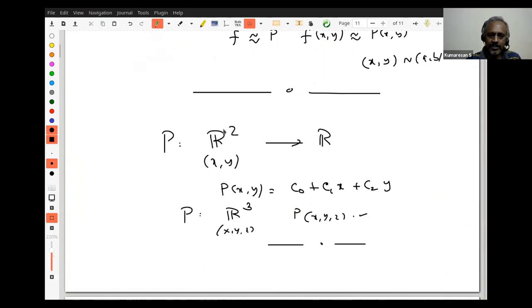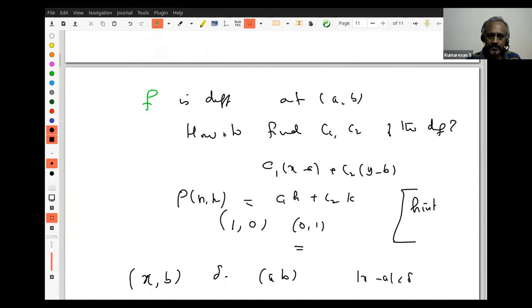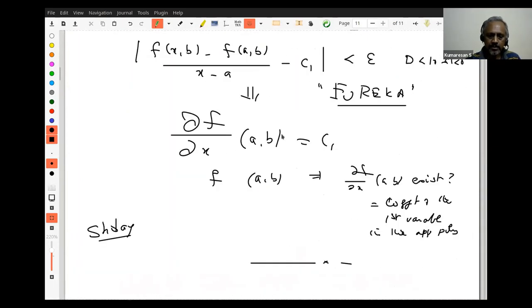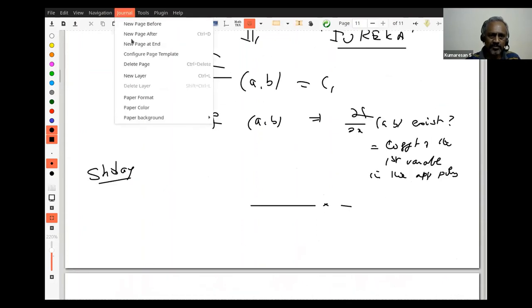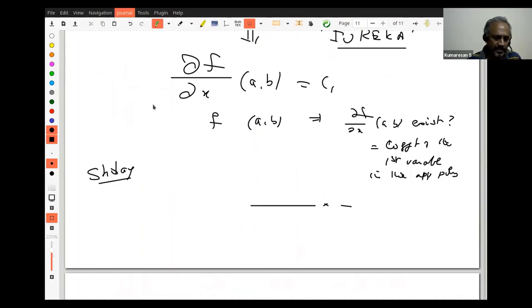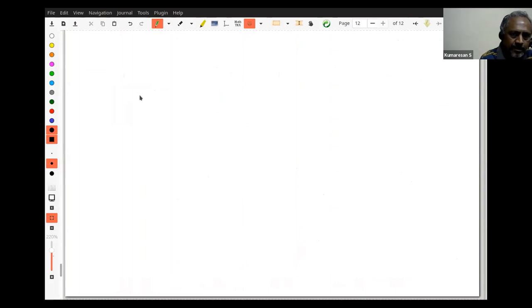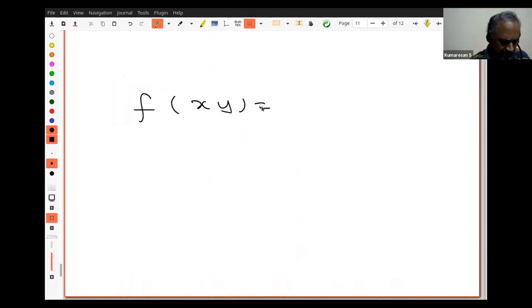Okay. So, do you remember? I said here for this function f of xy, we found out C1 was B at the point AB.